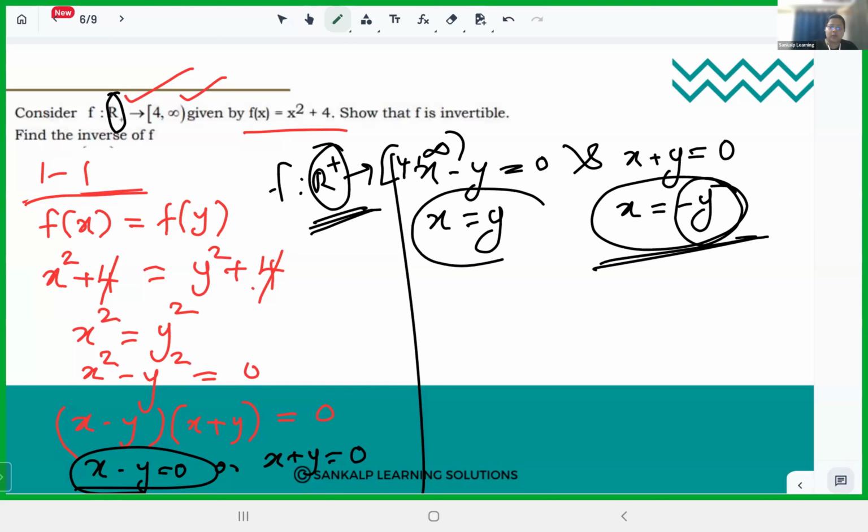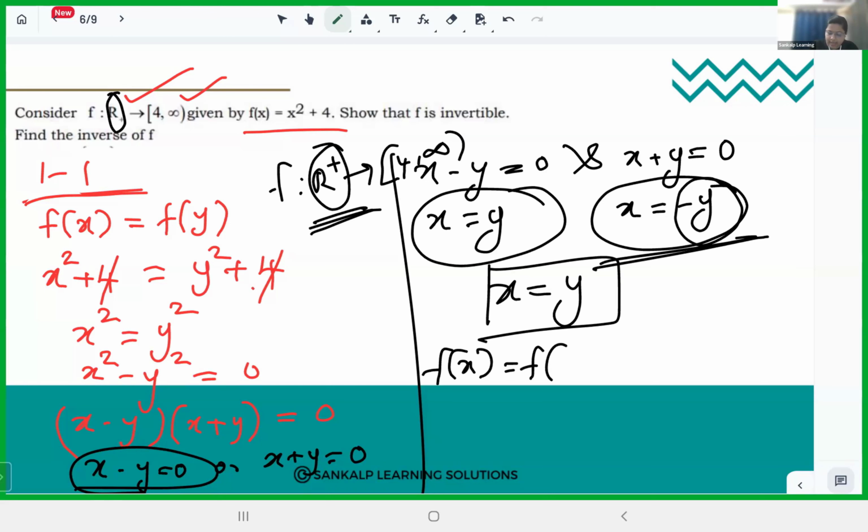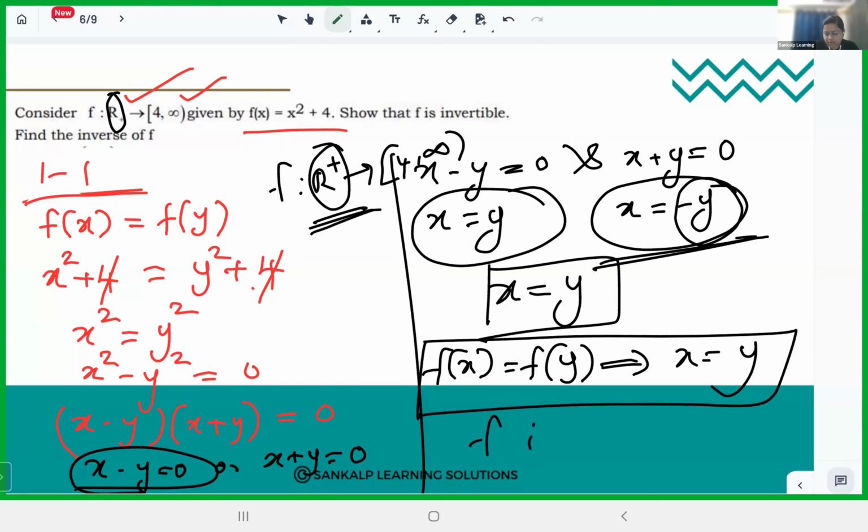So only this case is possible, that is x equal to y. So we started from f of x equal to f of y and we obtained that x is equal to y. From this you got that f is one-one.